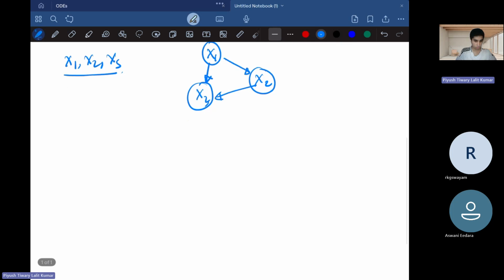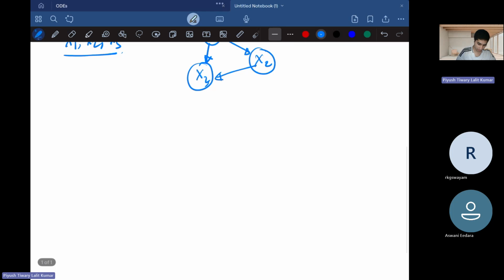To motivate the idea of probabilistic graphical models, I will start with something very simple: the simple Bayes rule. Let's say you have three random variables. You can write down the joint distribution of the three random variables, which will look like P of x1, x2, x3. Using Bayes rule, how can you decompose this distribution?